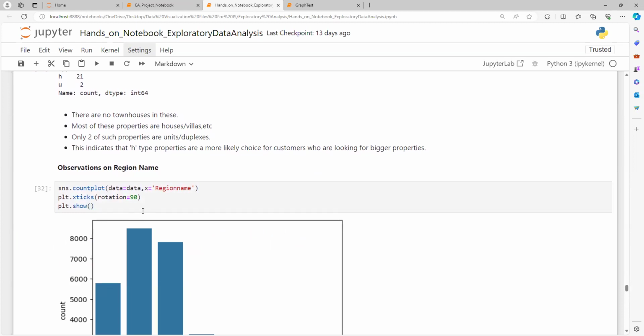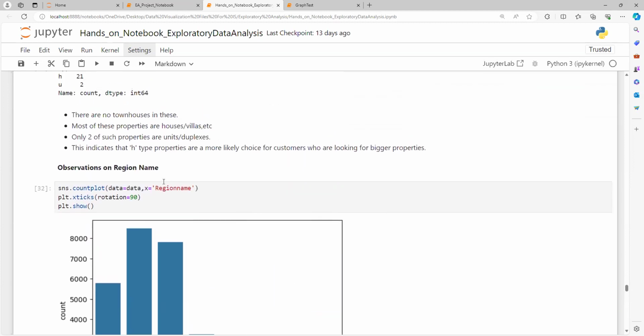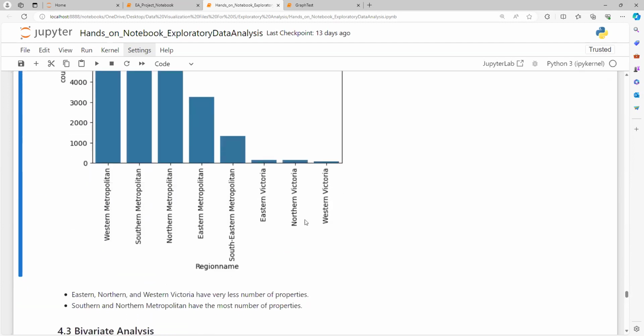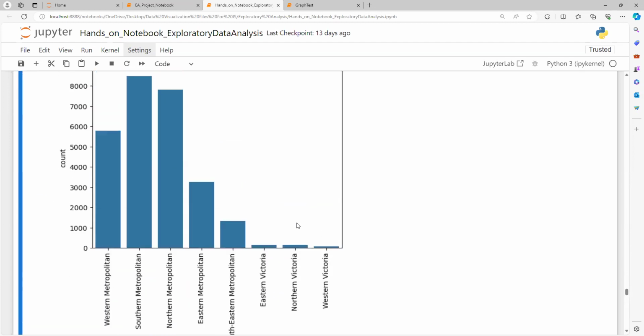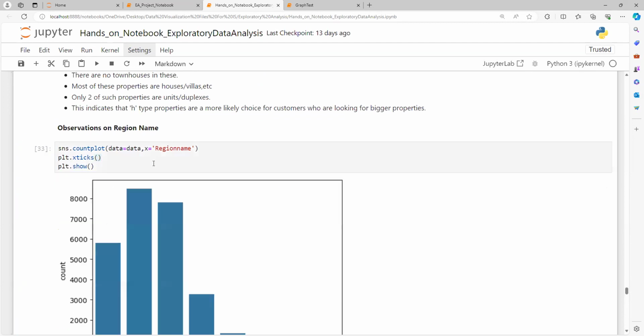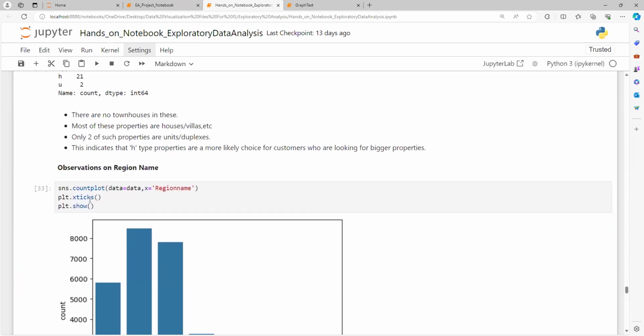Let's keep looking. Let's do a count plot, because now I'm doing it by region. This is categorical, so I just want to count up how many are in each of the regions. We already knew that the Victorians are small. And notice I rotated the labels 90 degrees so we can actually read the names. Otherwise, it's a giant mess. So we want to leave that in there.